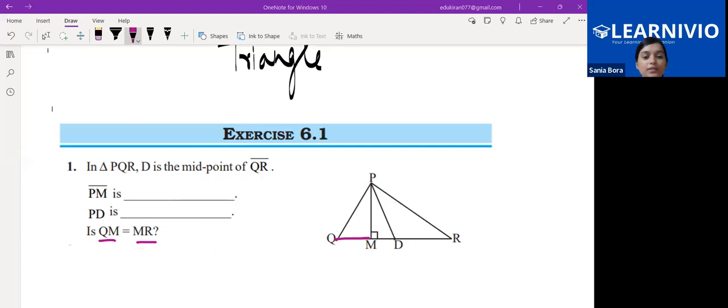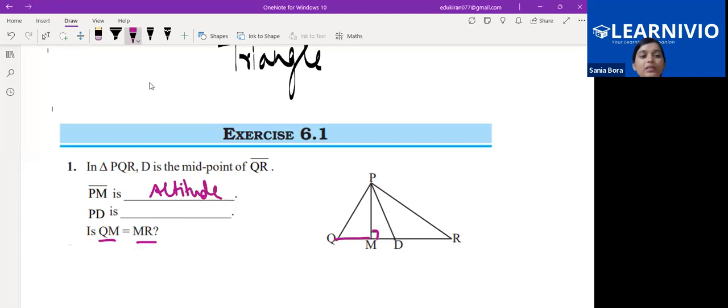Should we discuss? Yes, ma'am. Okay, so PM over here. What is PM? Who will tell me? PM is altitude. Right. Yes, because you can say 90 degrees, so this is altitude.